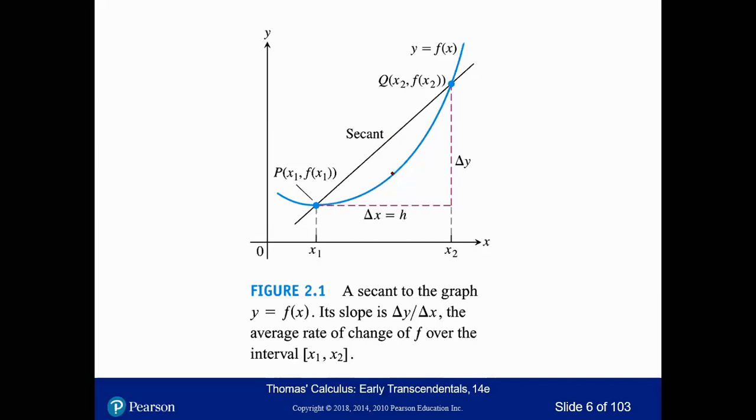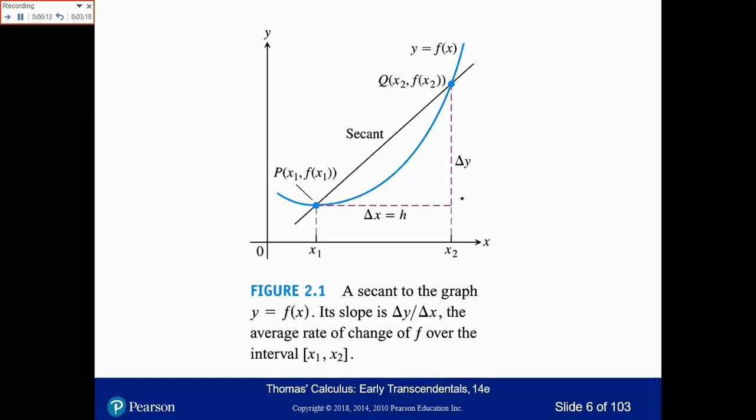So you can see that between x1 and x2 there is a difference of h, which we will call delta x. Over here we have f of x2 on the top, and at this point we have f of x1.